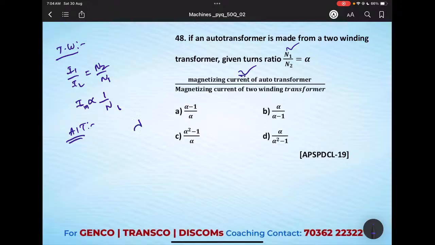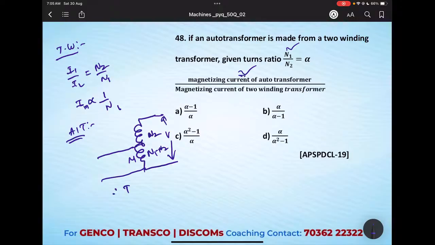If you see the diagram of an auto transformer, the same winding is used for both primary and secondary. Suppose it is a step down transformer and we are energizing from here, the total portion is N1 and here it will be N2. So the magnetizing portion will be N1 minus N2.